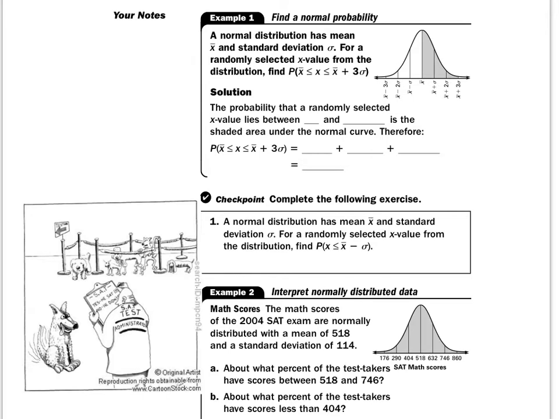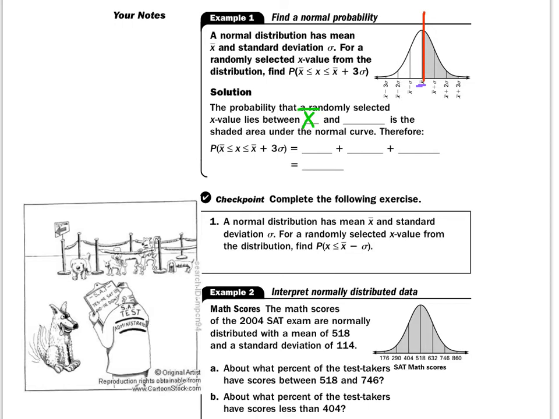All right, let's take a look at this standard normal curve here. A normal distribution has a mean of x bar, so we call that the average, right there in the middle. So if you were right in the middle there, you would be perfectly average. This guy right here is perfectly average. Okay, the probability that a randomly selected x value lies between x bar and x bar plus 3 standard deviations.